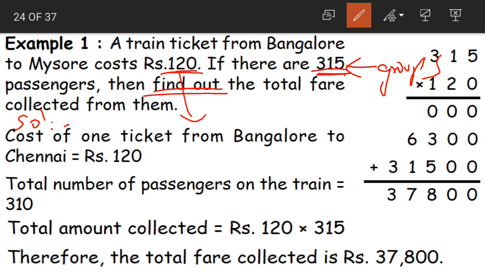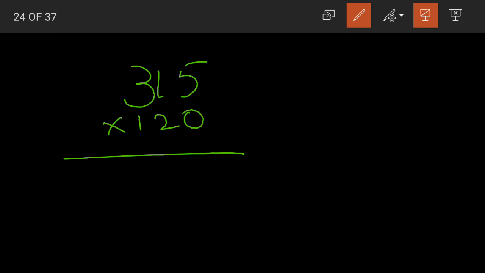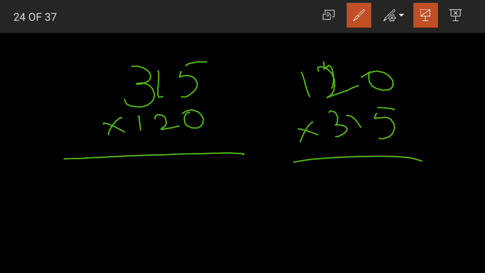Now what is the cost for the total number of groups? How to find out? Using multiplication. We need to multiply 120 and 315. 315 into 120, or you can write it as 120 into 315, children. So either way you multiply, the answer will be the same.